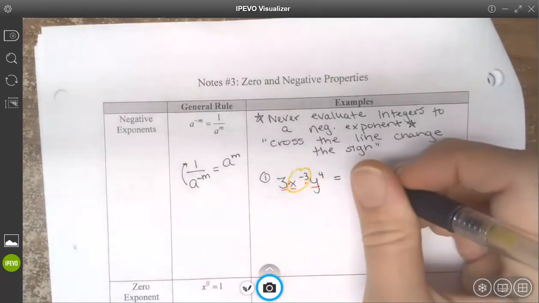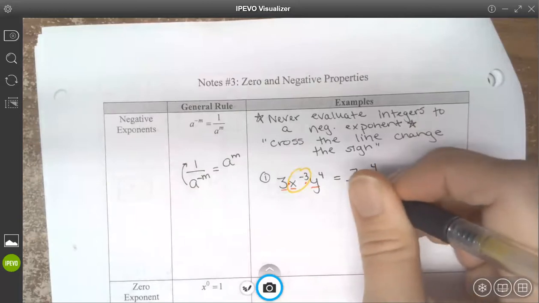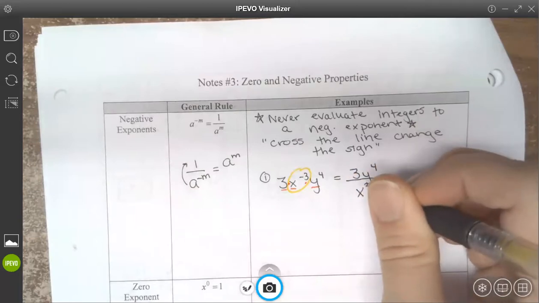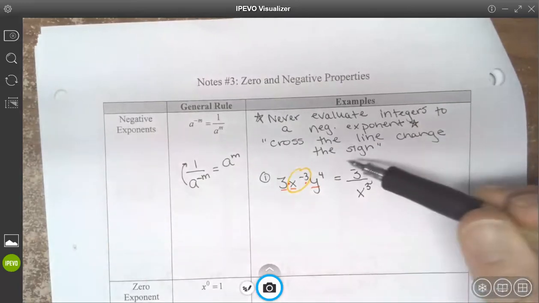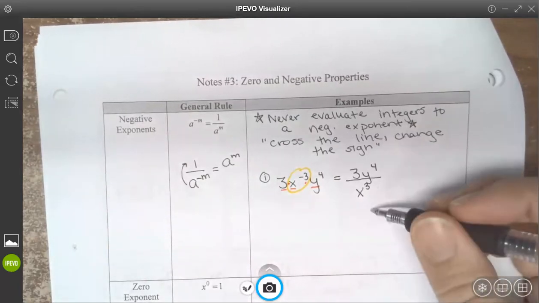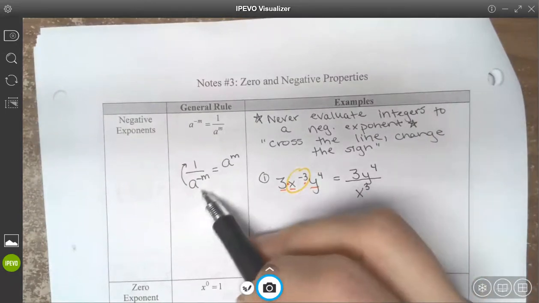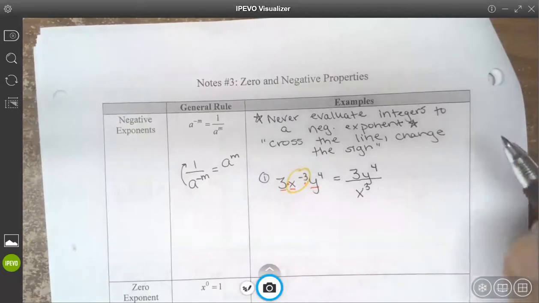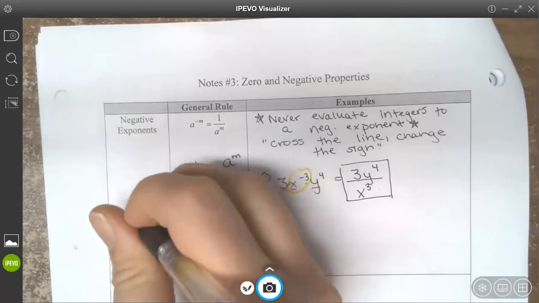So this is all in the numerator, and the 3y to the fourth can stay in the numerator. I'm going to move x to the denominator, and once I cross that line, I've changed the sign. I move the term, if it's in the numerator, to the denominator, if it's in the denominator, to the numerator, and that's what's going to create a positive exponent for me. So that's a note we should make as well.